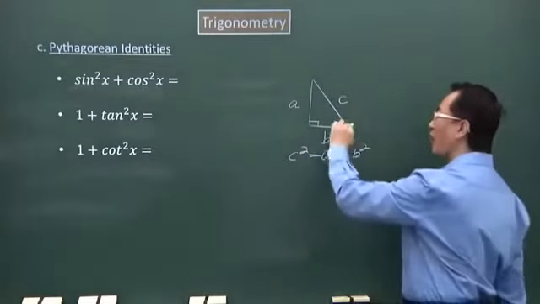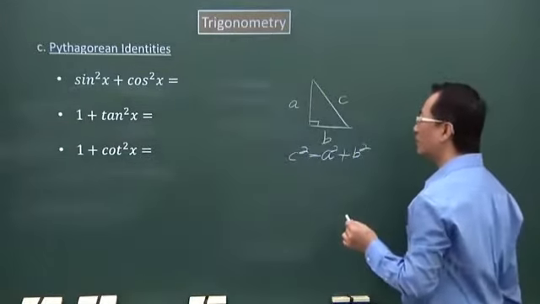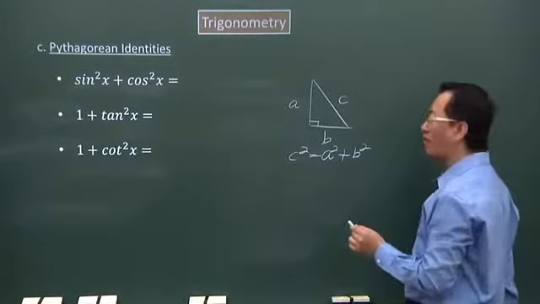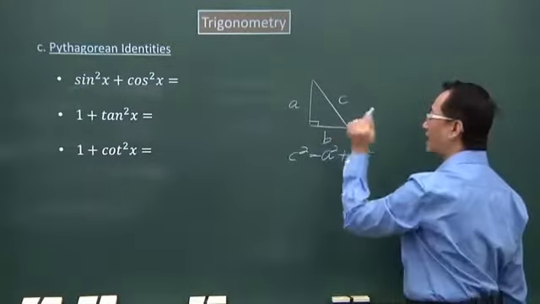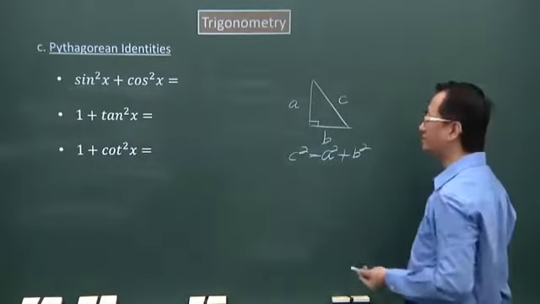So the square of the longest side in a triangle is equal to the sum of the two sides squared.